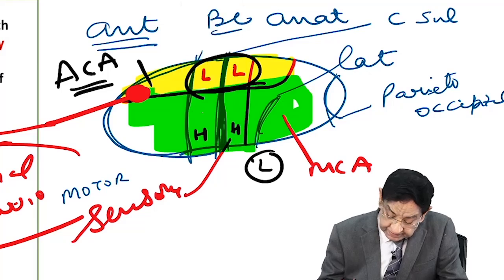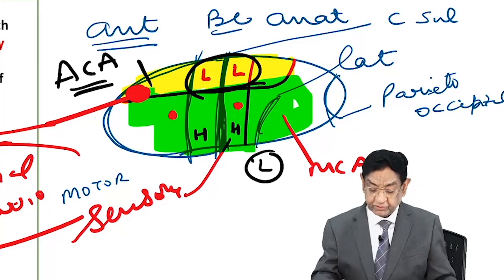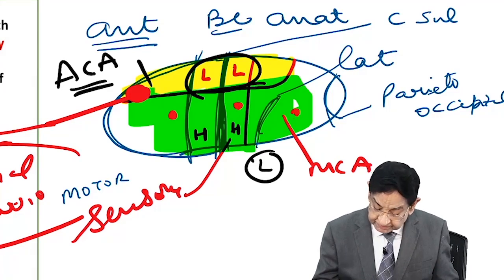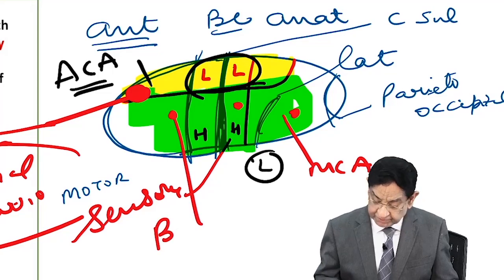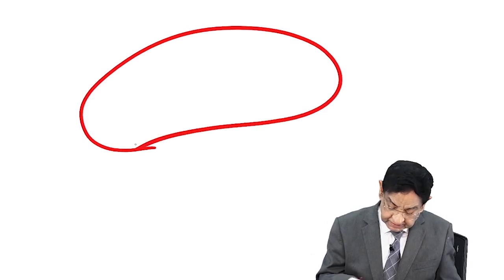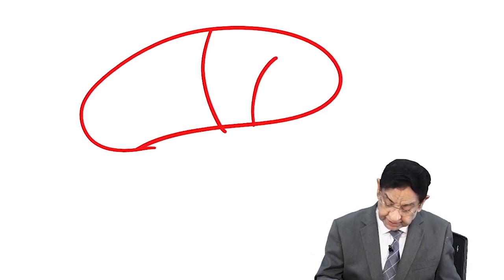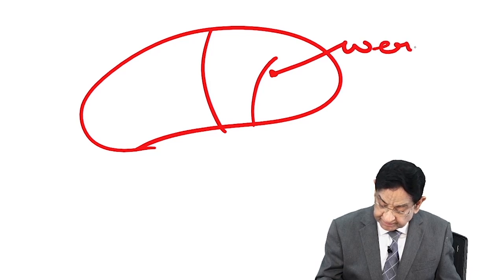We all know very well, of course, not here, this one. So we have a Broca speech area. Let me draw a straight diagram for you. We have a Wernicke speech center.